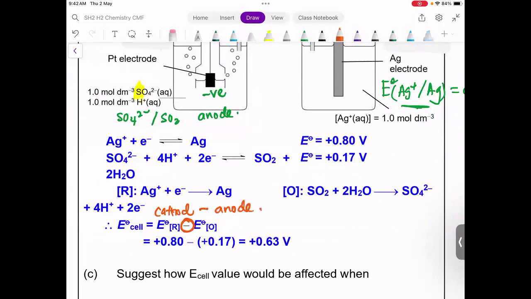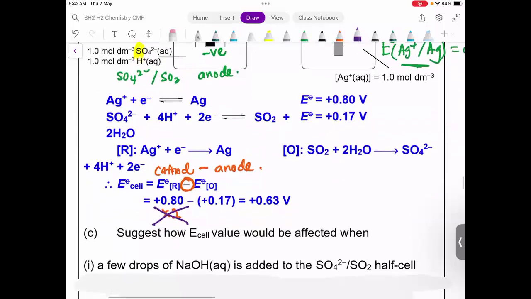So there's no need for you to multiply by 2 here. That is wrong. Even though there are 2 moles of silver plus involved in the reaction, we don't multiply it by 2. Please take note. This is wrong if you multiply by 2. Are you able to get the answer?